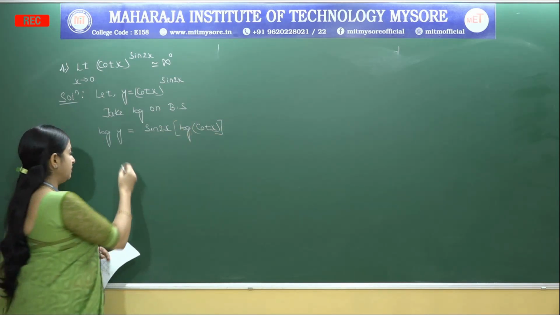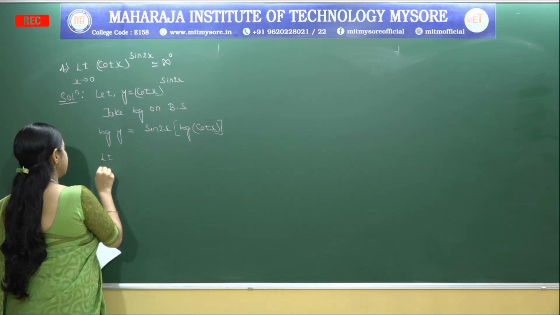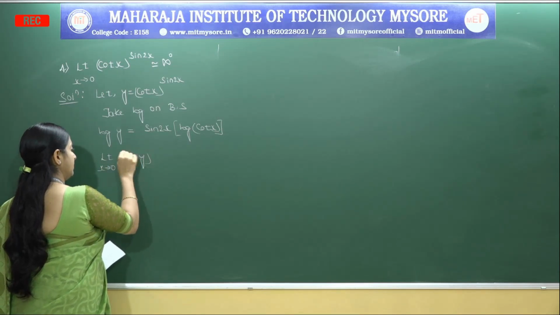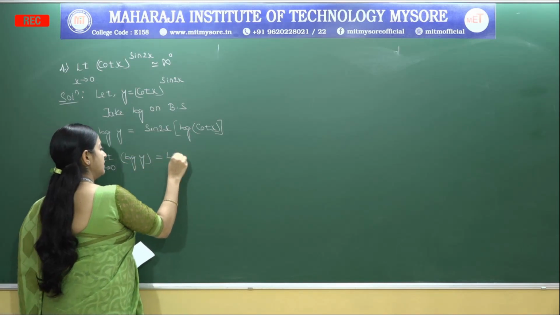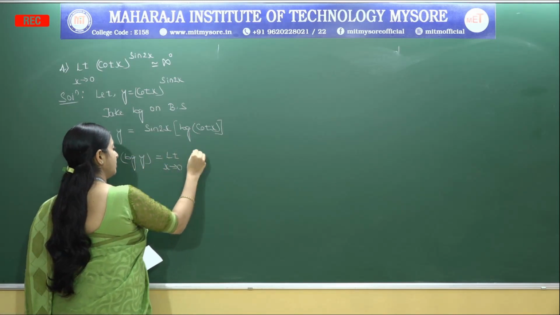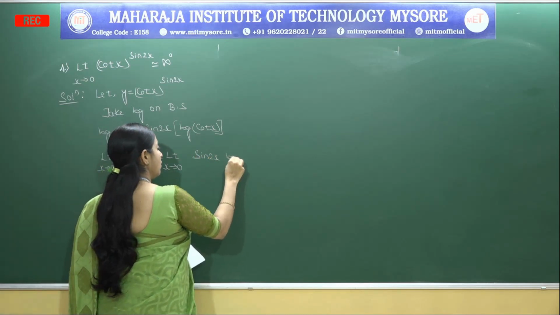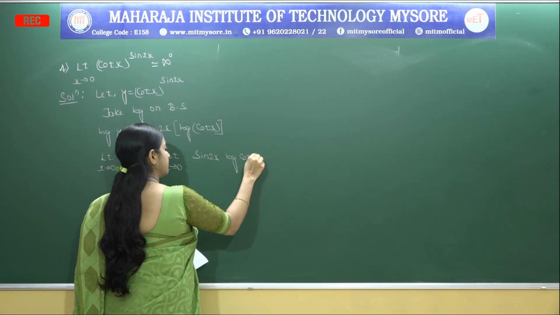Then apply the limit. Limit as x tends to 0, log y equals limit x tends to 0, sin 2x log of cot x.